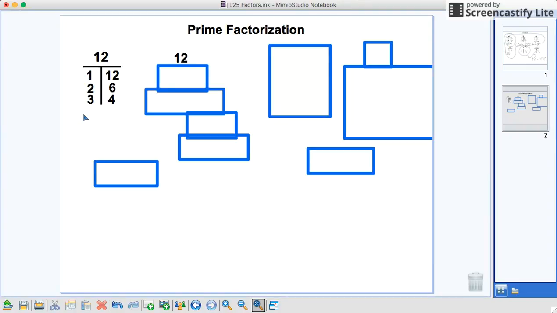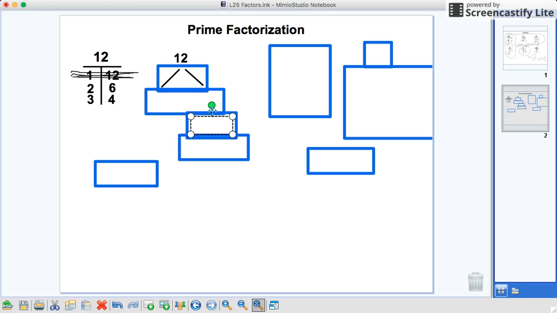So when I go to the factors, I look at my factor pairs, 1 and 12. Well, if I did this pair, that's not going to make much sense because that's not getting me anywhere. So I'm going to use 2 and 6. I'm going to draw 2 little lines down from the 12. It's going to be a factor tree is what we're making.